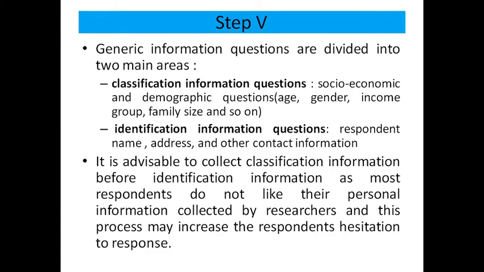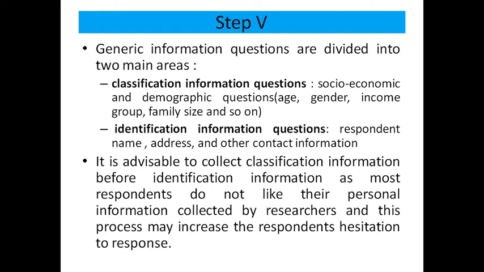Now the forward and opening question section of the questionnaire would be followed by generic information questions. Generic information questions can again be divided into two areas: one is classification information and the other is identification information.